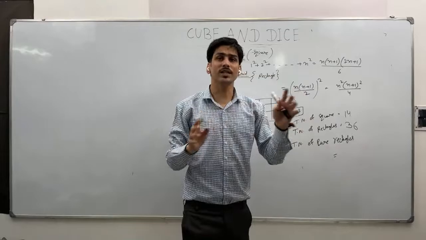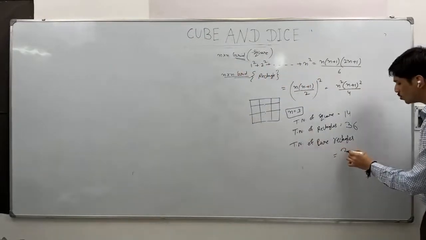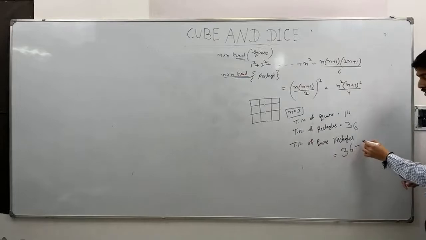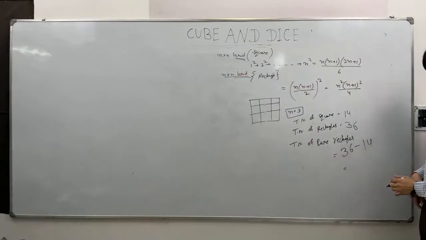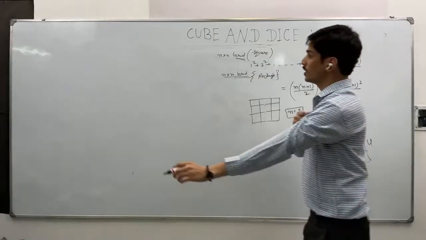If they simply ask the total number of rectangles, it is 36. Now what will you do? You will do 36 minus 14. Now what happened? 22. Clear?